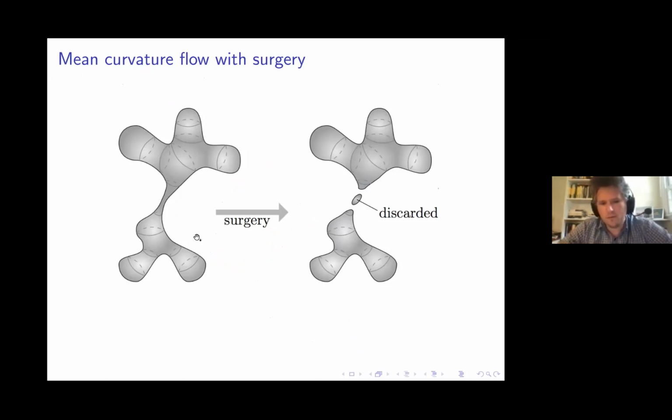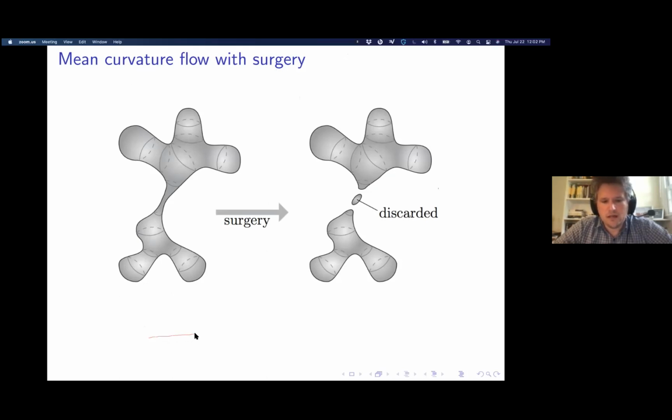So for example, in this surgery here, why do you get a graph? It is because I had a mean curvature flow. Let's say that these surfaces were shrinking, so it looks like this. And then I have a surgery process. The surgery process splits off two surfaces that now are going to flow by mean curvature.